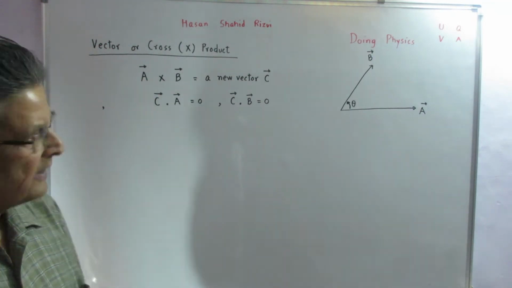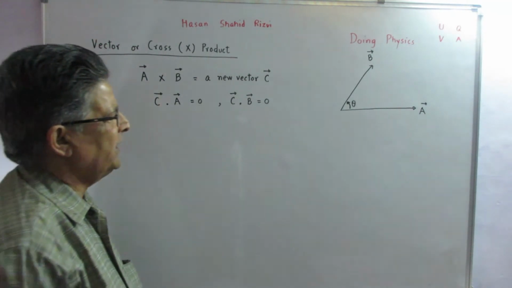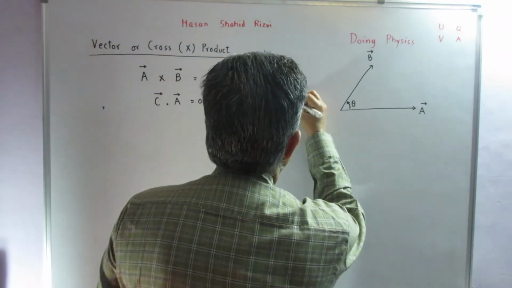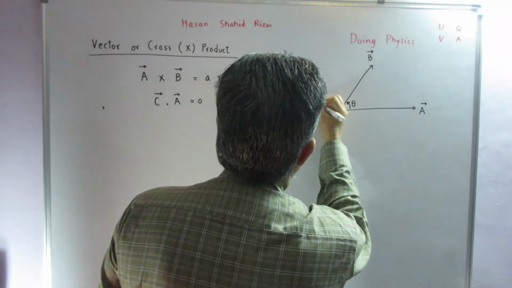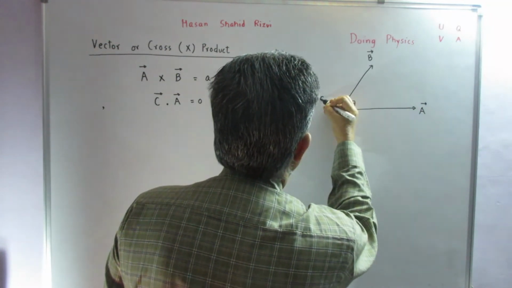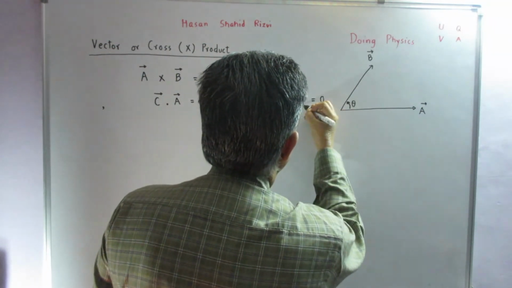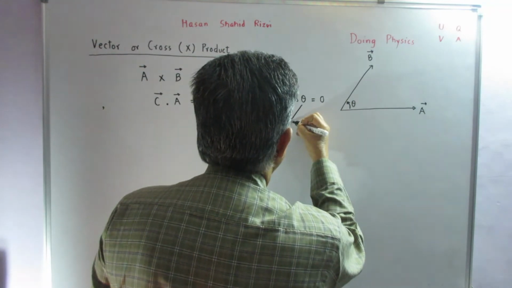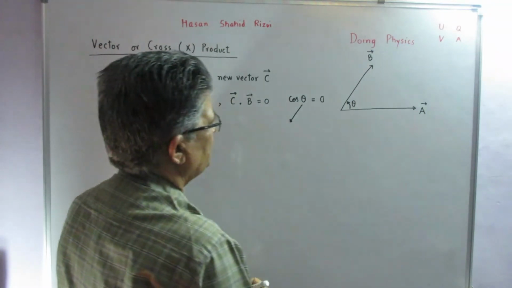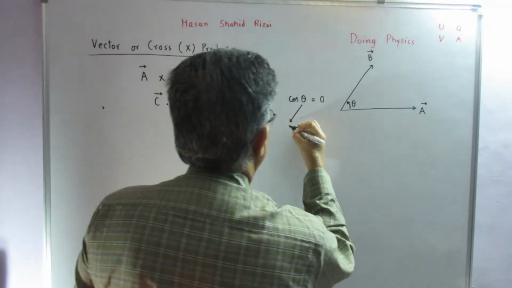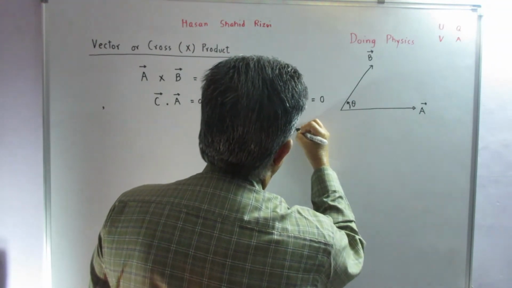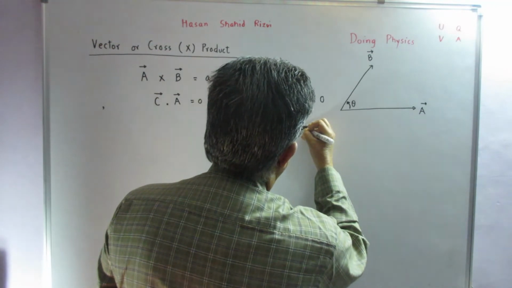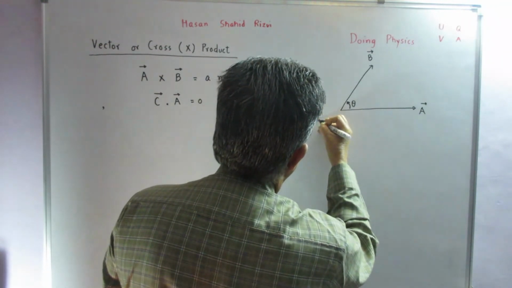What it means is that there has to be a cosine theta which is equal to 0, and which gives us two values of theta: plus 90 degrees or minus 90 degrees.